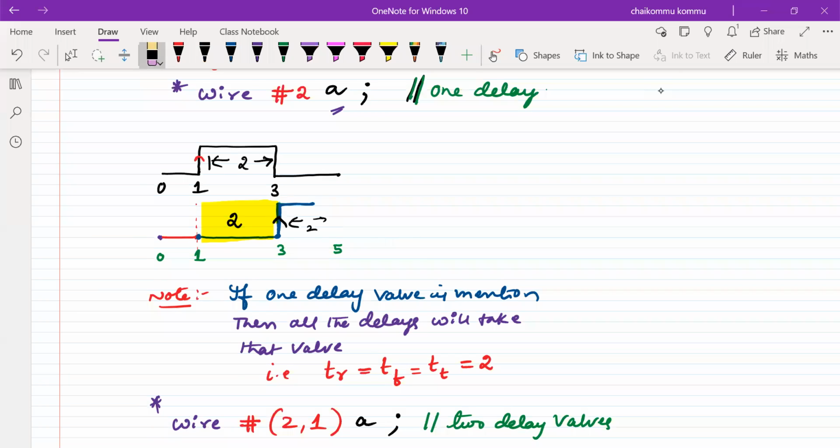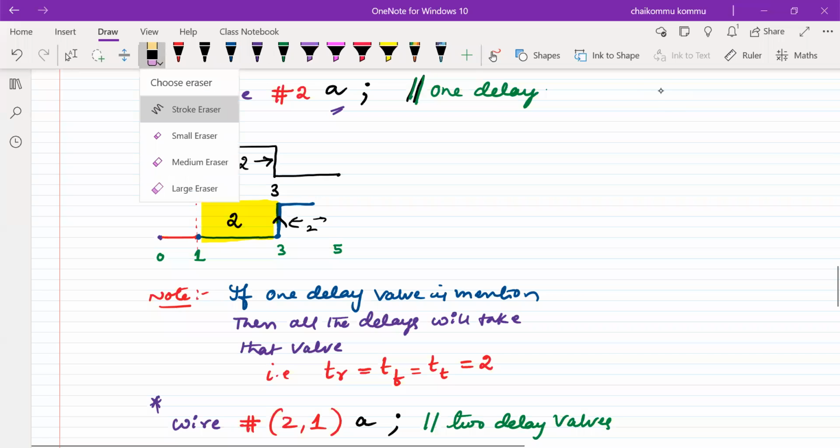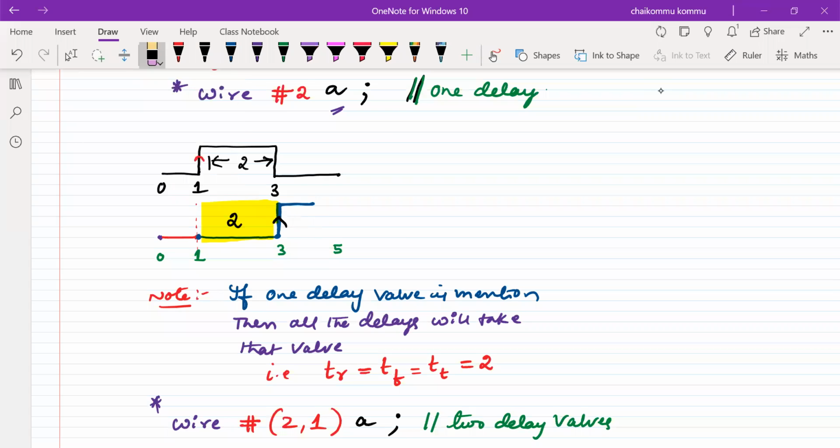Up to three timing units it has started. At three timing units it is going back to 1, which means it has to wait another 2 nanoseconds. So 3 plus 2 means 5.